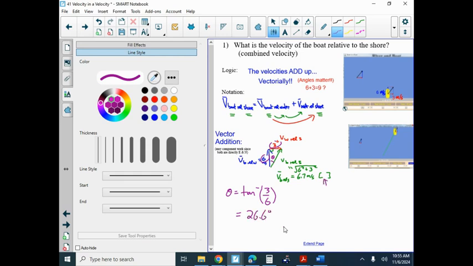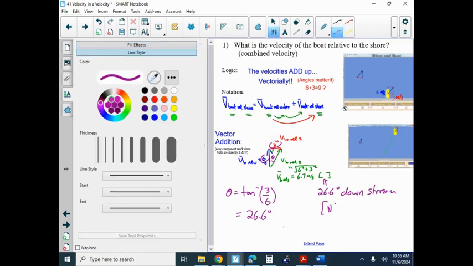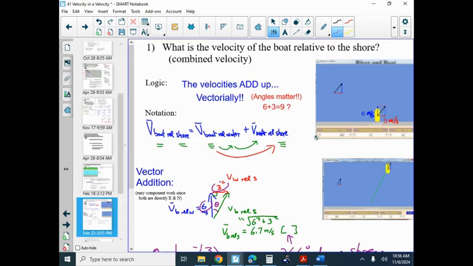So this angle here is 26.6 degrees downstream, would be an easy way to describe it, or you could say north 26.6 degrees east, based on the arrangement of things here. So that's the combined velocity.